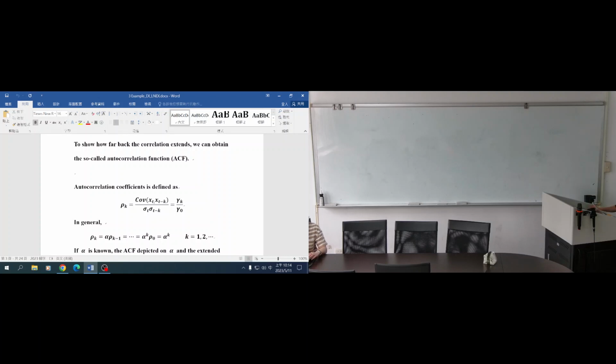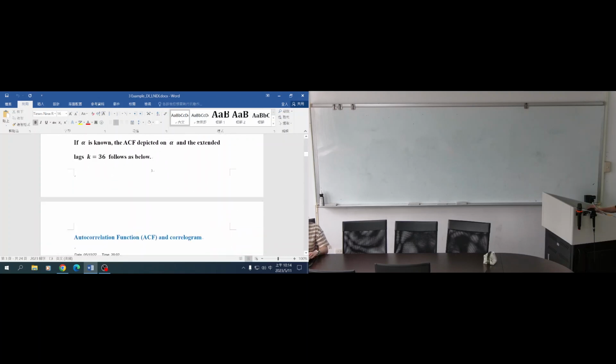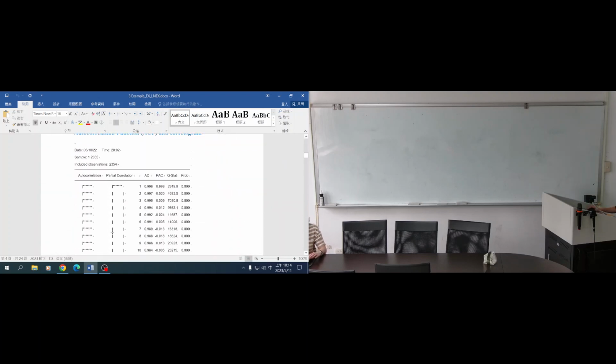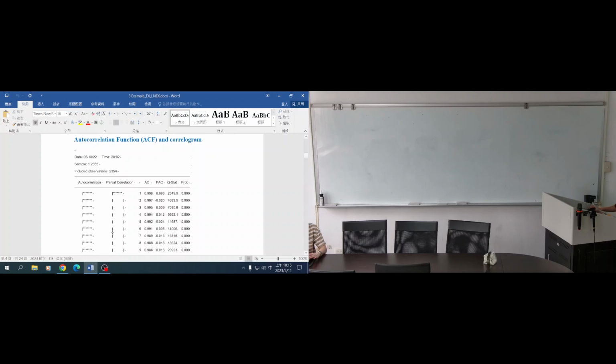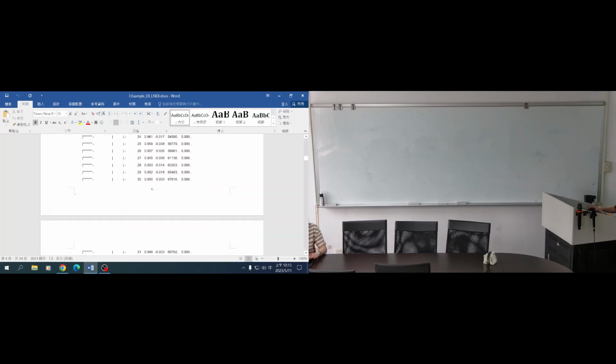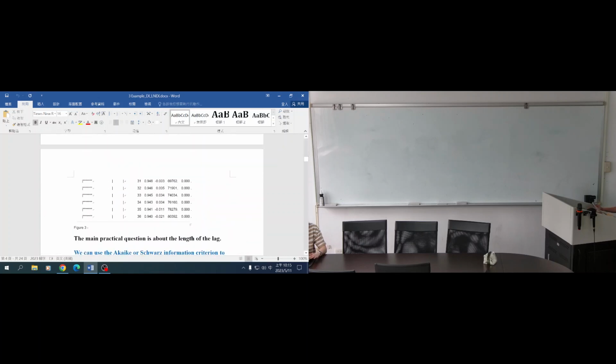Therefore, we can look at the autocorrelation function. Look at this one. Did you see that the correlation is pretty high, from 0.998 until the lag up to 36 or 30?